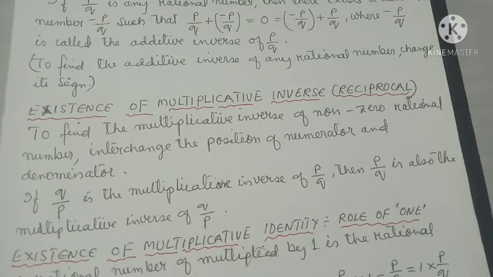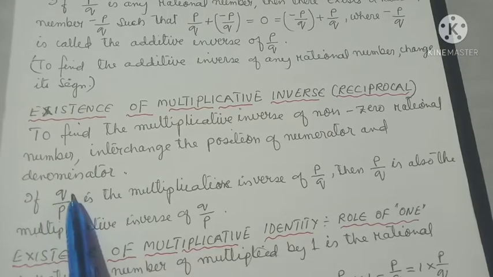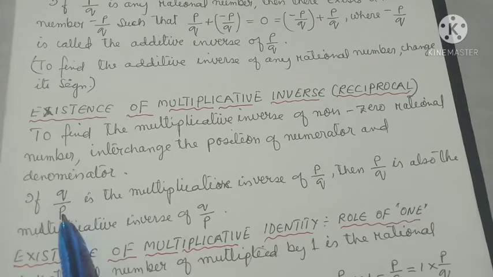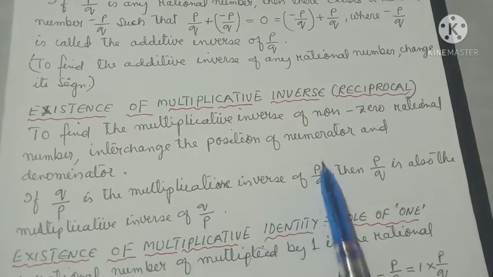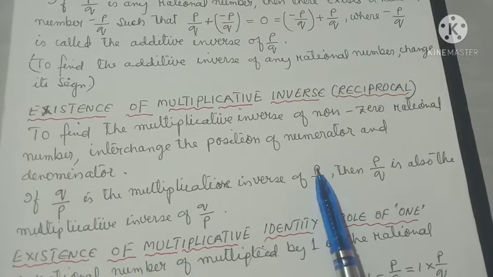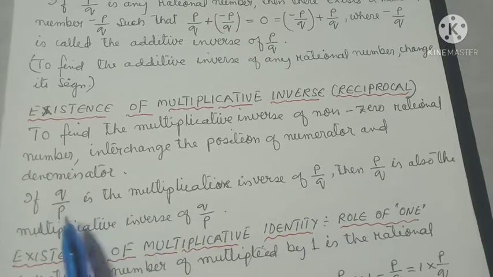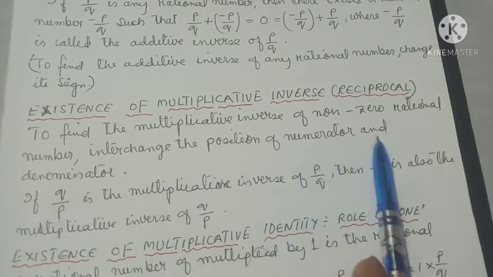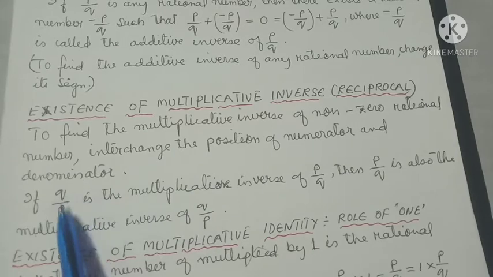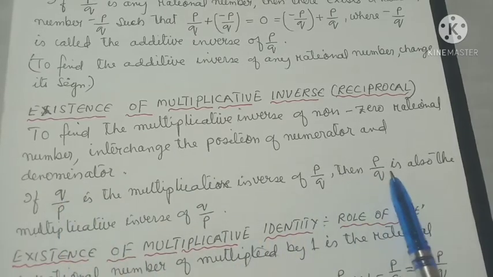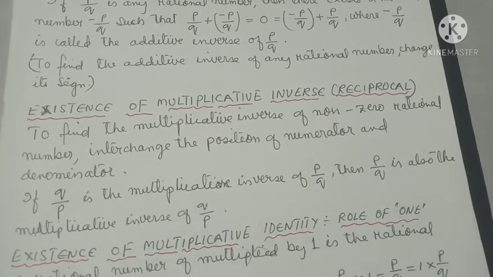If q by p is the multiplicative inverse of p by q, it means that the position of numerator and denominator should be interchanged. Then p by q is also the multiplicative inverse of q by p.